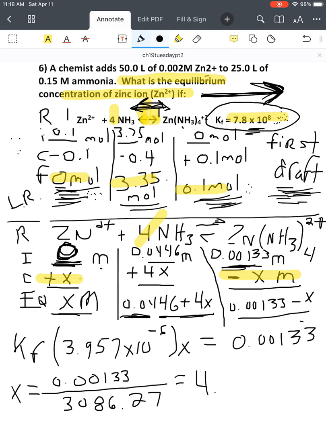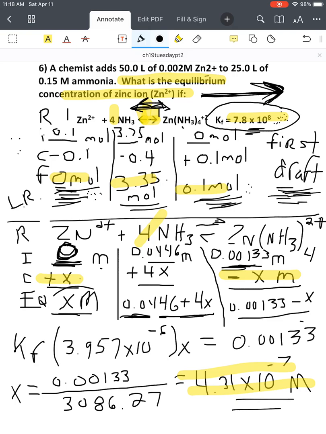I got 4.31 times 10 to the minus 7 mole per liter. 4.31 times 10 to the minus 7. And that's equal to my x. Now, if I look back to my rice table, what exactly does this value of x tell me?